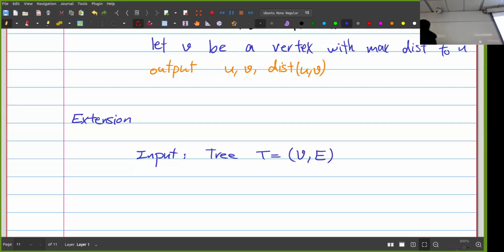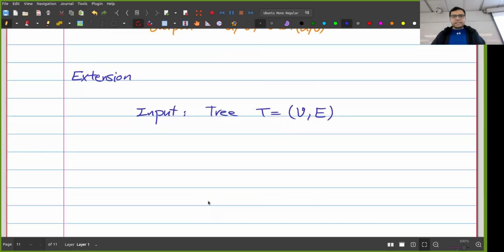And as usual, this is not directed. I haven't chosen a root. All of this is up to your algorithm. So the input just gives you this, and there are no weights on any of the edges. And in the output, I want you to tell me for every vertex, what is the farthest vertex? Okay, so the output is this.